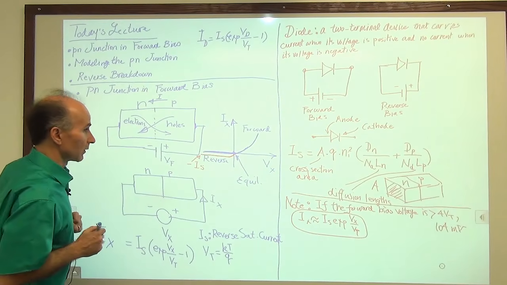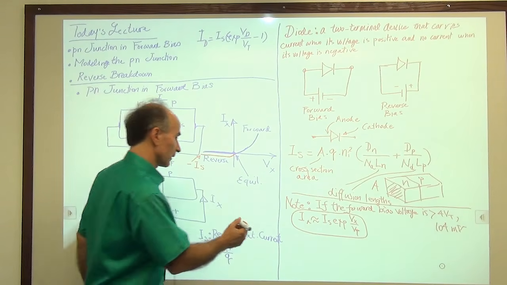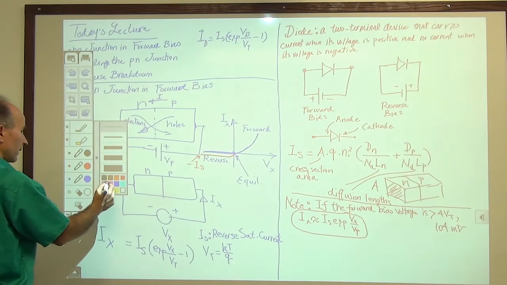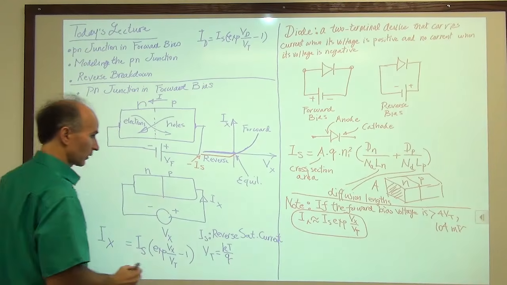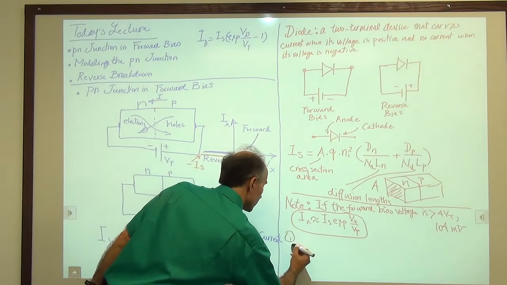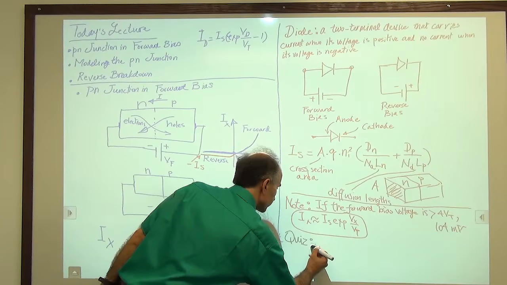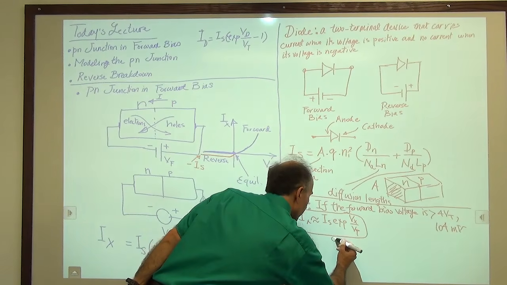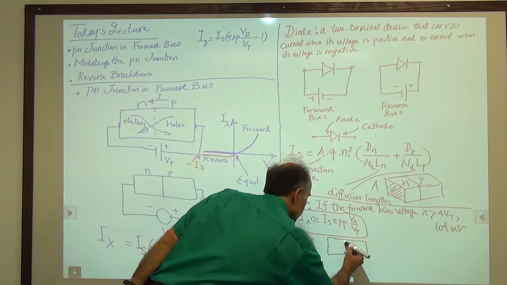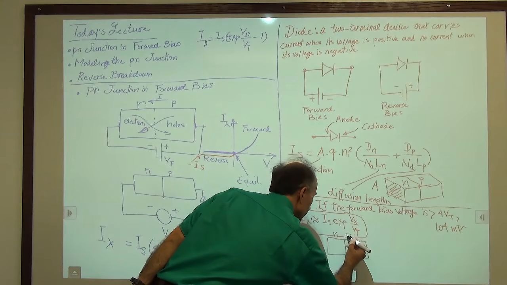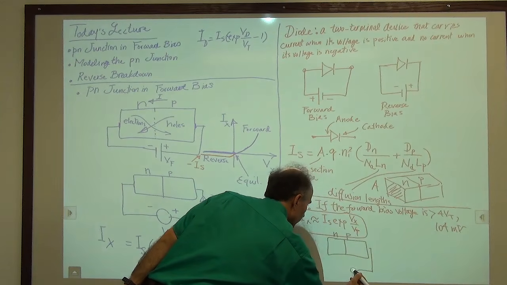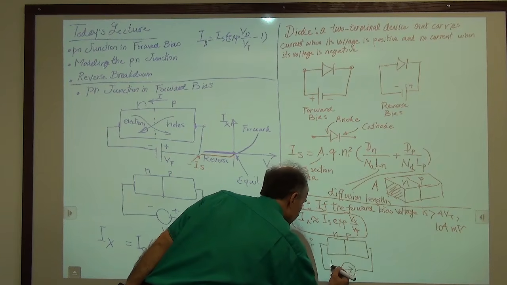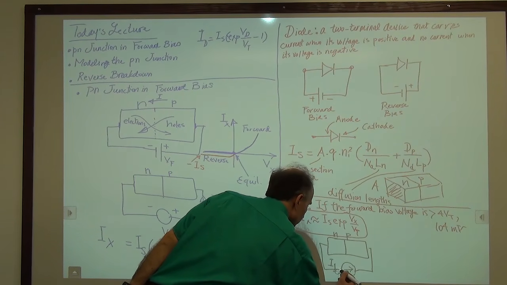Okay, so let's write the quiz here. I would like to keep all this stuff while I write the quiz so that you can refer to this information. So here's our quiz of the day. We have a Pn junction and we apply a current in this direction from outside, a constant current, call it I1.